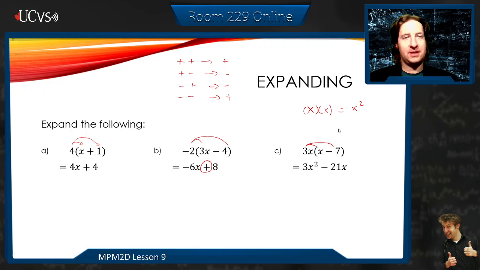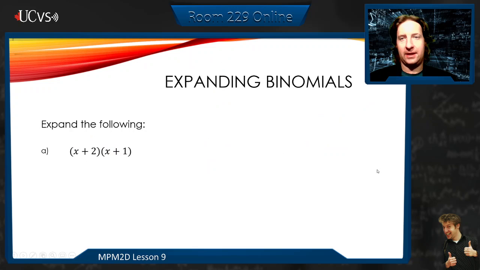Now, what happens if instead we look at a binomial multiplied by a binomial? Now, we have to be a bit more careful, because how many actual products are we making here? How many multiplications are happening when I have two terms and another two terms? I'm going to have x multiplied by everything inside the second bracket, and also 2 times everything in the bracket.